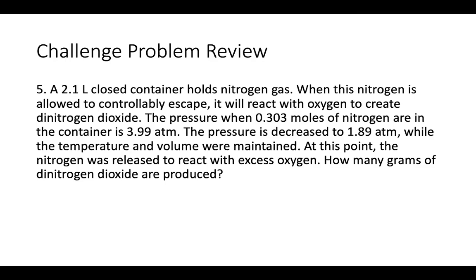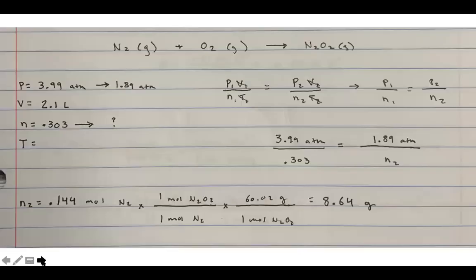You're told the pressure of the nitrogen gas when there's 0.303 moles is 3.99 atmospheres, and that when the pressure is decreased, they want to know how this affects your moles and then apply it to stoichiometry. And you're told that your temperature and volume stay the same.